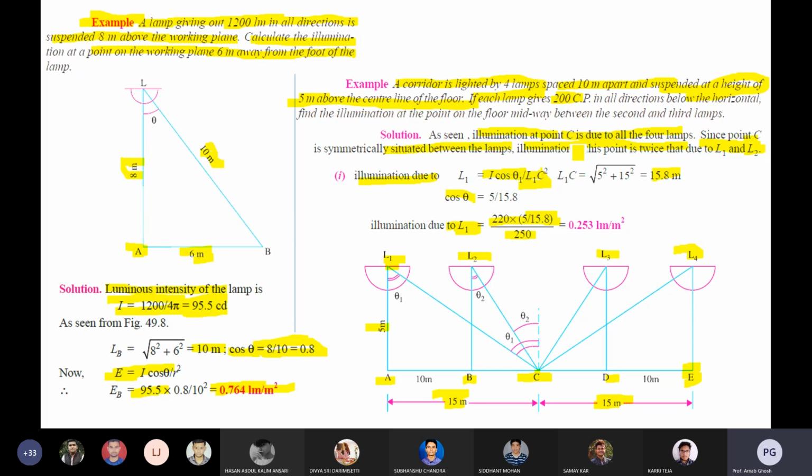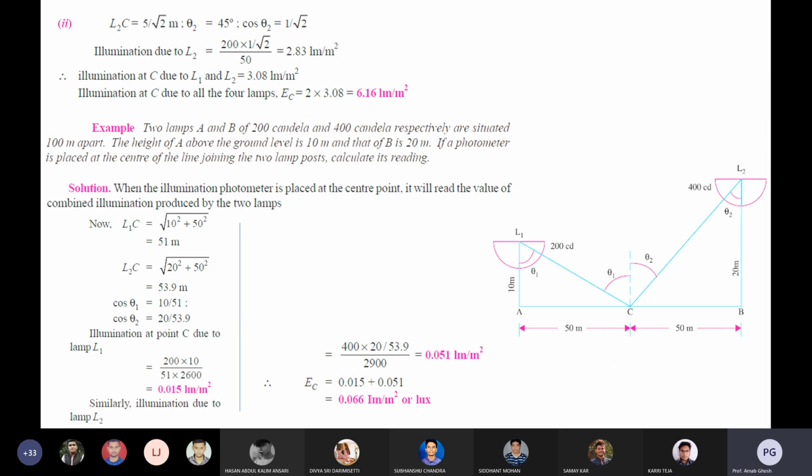Illumination at the point midway between C, that is 5 by 1. Okay, so now this one is your L1.